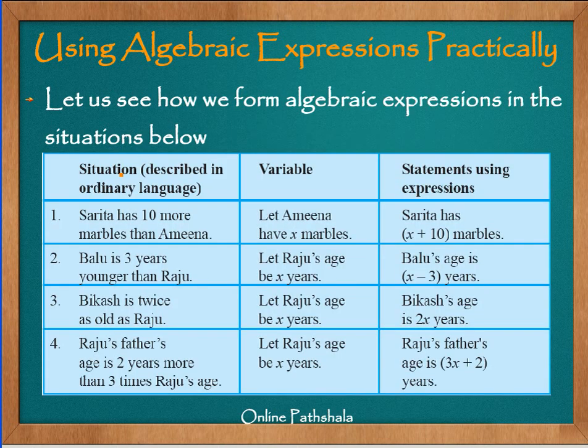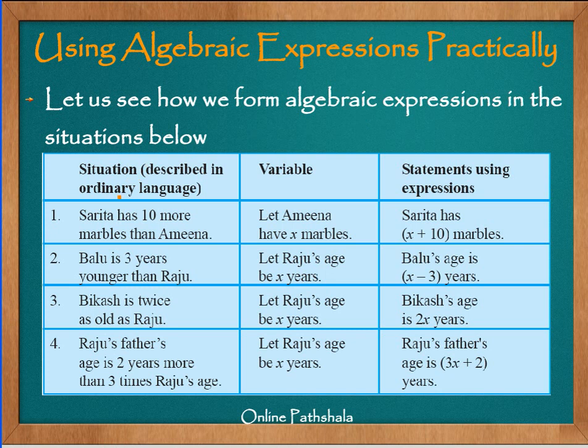So let us see a few examples as they are described in the situations below. Basically, this is a two-step process. First, we understand the situation, or we have a statement from our daily life. We know that there is something unknown in there. So the first step is to identify and denote a variable for the unknown quantity, and then to form an algebraic expression which captures what the situation is saying.